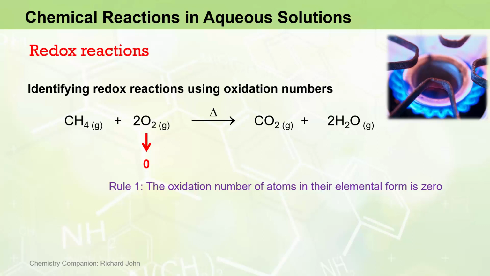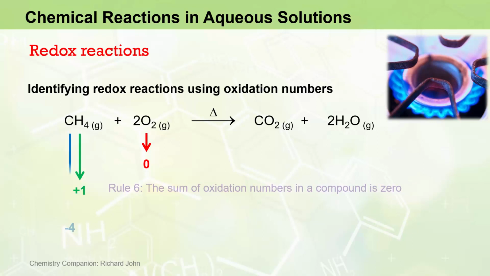Still on the left-hand side, we note that hydrogen is in a compound with carbon, and via Rule 4, we assign hydrogen atoms in methane an oxidation number of +1. And then, by applying Rule 6, we can calculate that the oxidation number for carbon in methane is -4.